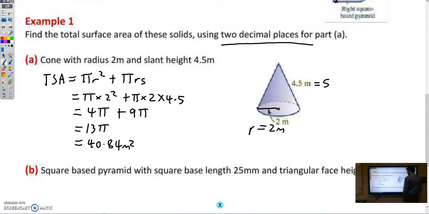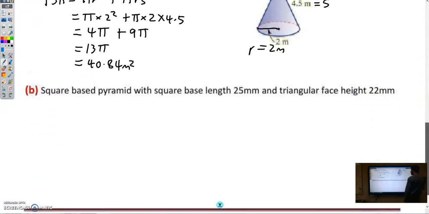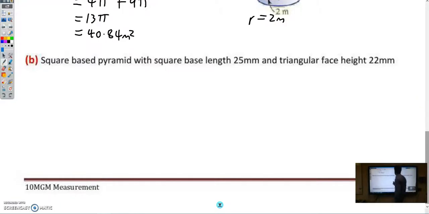Next, we have to find the total surface area of a square-based pyramid of length 25 millimeters and triangular face height of 22 millimeters. All right, draw it first. Square base. That's our square base pyramid.